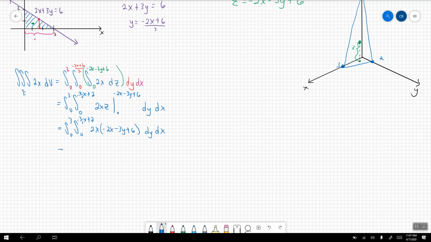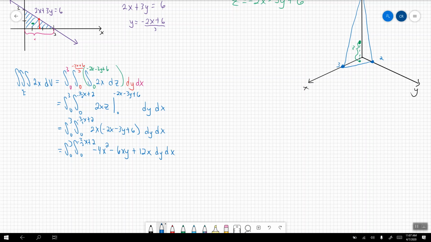Go ahead and distribute. That's going to be negative 4x squared minus 6xy plus 12x, and that's dy dx. There we go.